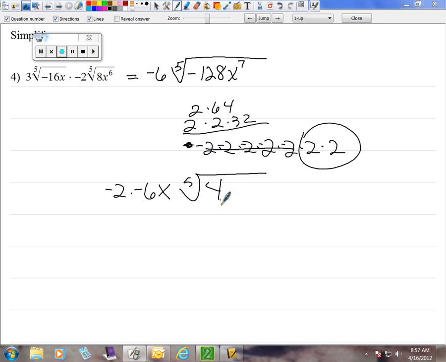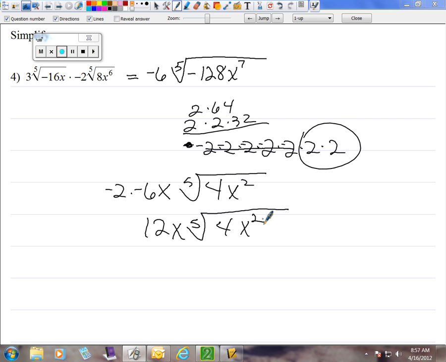Since 5 went into the 7 once with 2 left over, it'd be an x squared. So you still have, now some of you may be multiplying this together as soon as you're putting it out. That's good. I just wanted to show it. So do we have a positive 12x here? How many got that? Okay.